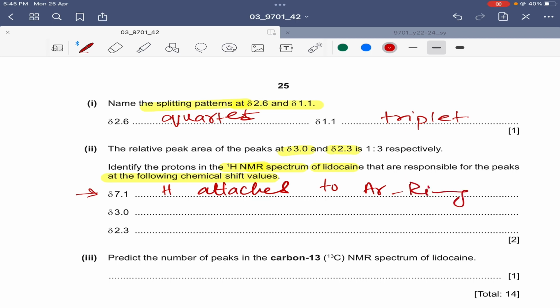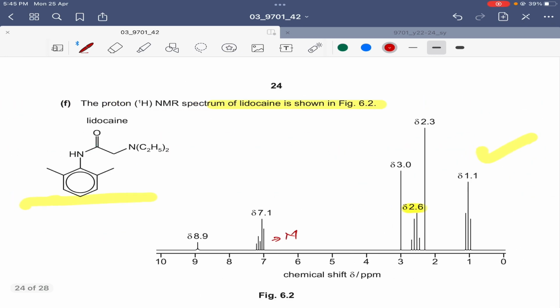aromatic ring, right? And then at 3.0 we have a singlet. So which protons can give us a singlet? Basically the splitting pattern is due to the number of hydrogen atoms attached to the next carbon atom. This CH2 has a nitrogen and a carbonyl group on its left and right side, so that means this would give a singlet.